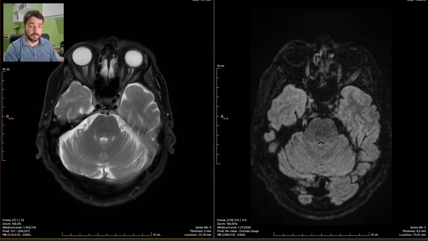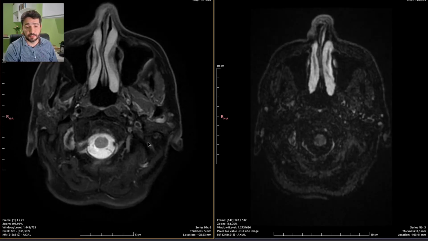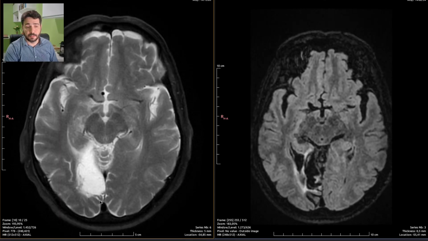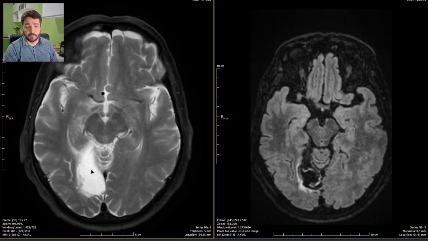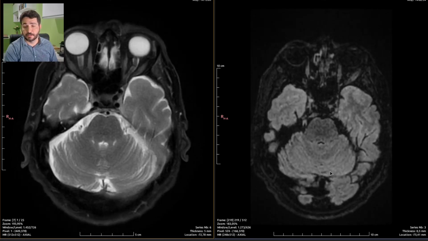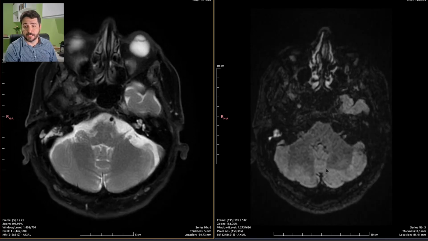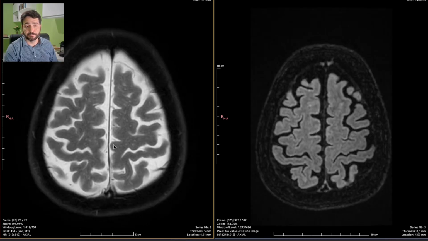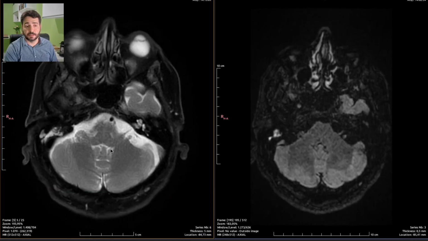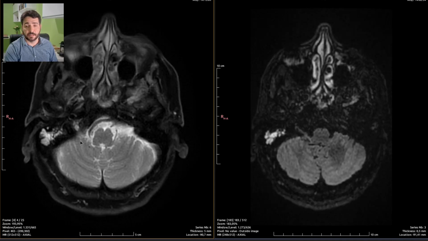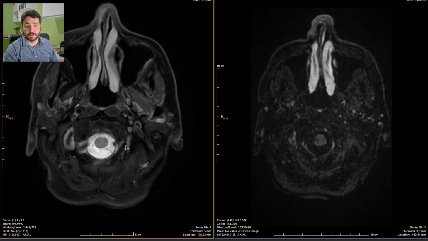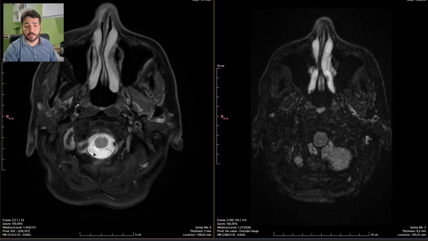So we also have a T2 weighted image. It makes the malacia and gliosis much more apparent, much easier to see. And the rest of the parenchyma indeed is normal. Also the mastoiditis is much easier to notice in the sequence.